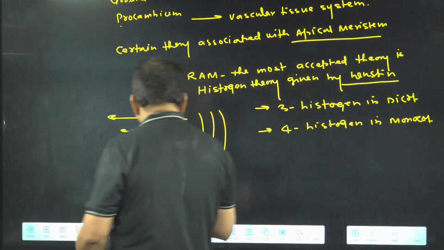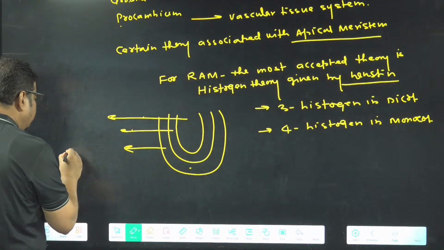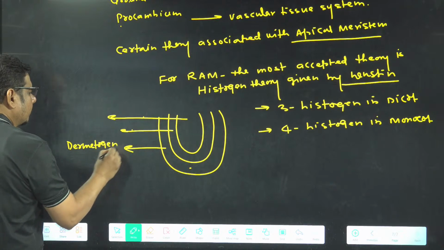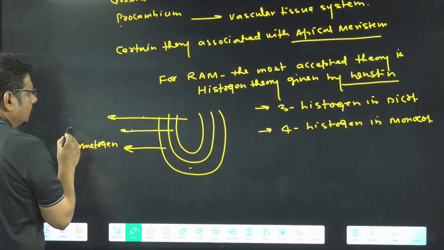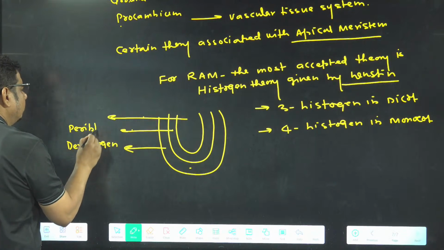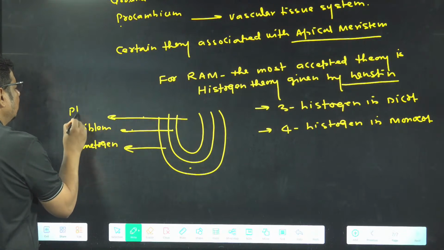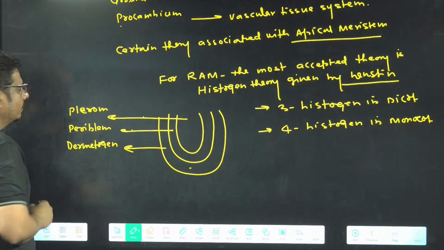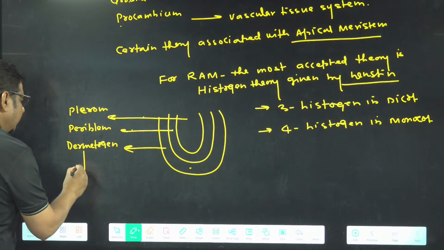So what are the names of the histogens in dicot? Dermatogen. Dermatogen. Second histogen is which one? Periblem. Third histogen is plerome. Plerome.